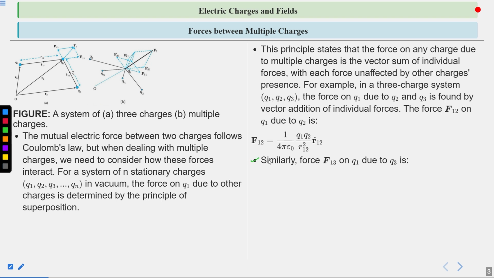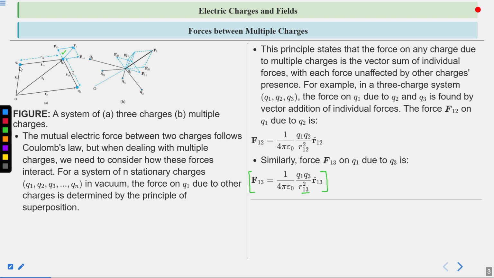Similarly, the force on charge first due to charge third, on Q1 due to Q3, is F13 equal to 1 upon 4 pi epsilon naught Q1 Q3 divided by r square 13, times r cap 13. So the r cap denotes the direction of the force. Look at here. Initially we find the force on charge first due to second.